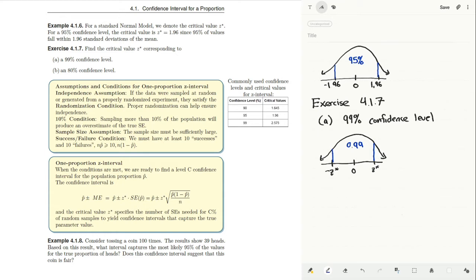So if the central area is 0.99, that means the remaining 0.01 area are in both of the tails. And because of symmetry, the area of the left tail is going to be half of 0.01, which is 0.005.